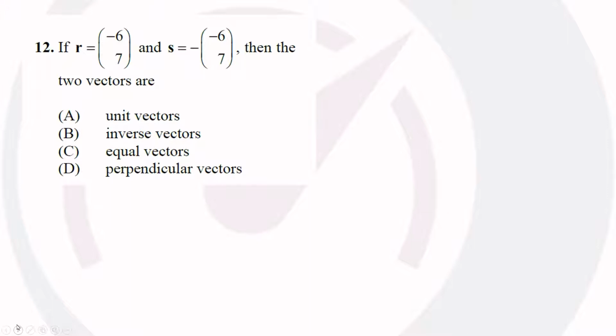But anyway, we realize that we have negative 6, 7, and we have the same negative 6, 7 here. So this is just saying A and minus A. See the difference? So hence they are inverse vectors.